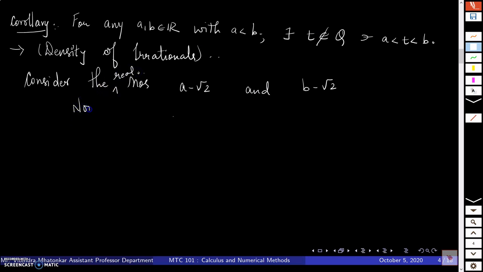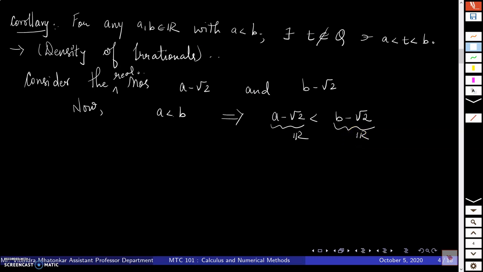Now we are given that a is strictly less than b. So if I subtract root 2 from both sides, what I have is a minus root 2 is strictly less than b minus root 2. Now this is a real number and this is also a real number. So I have one real number less than the other real number.